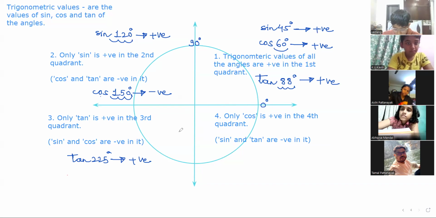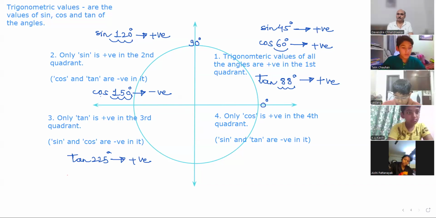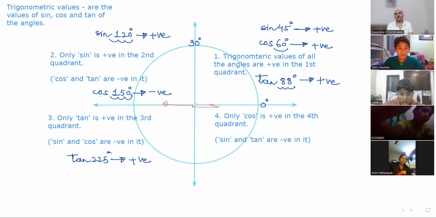This is just information which you have to remember as of now. We will discuss why it is negative or positive in each quadrant. It is related to the quadrants in which they lie: the positive x-axis, the negative x-axis, the positive y-axis, the negative y-axis. We will discuss it in a later session.